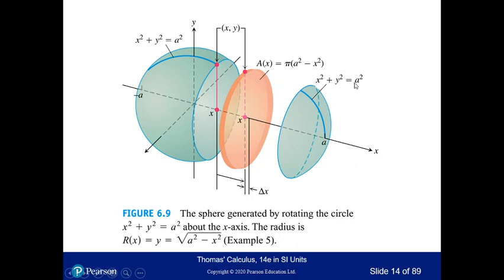You can use that. Therefore r of x is the square root of a squared minus x squared. And then we just use the formula, A of x is pi times r of x squared. R of x is in here. Take the square of that, you get that. And you just integrate from negative a to a, you get the volume of the sphere.